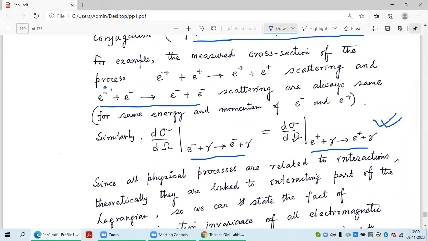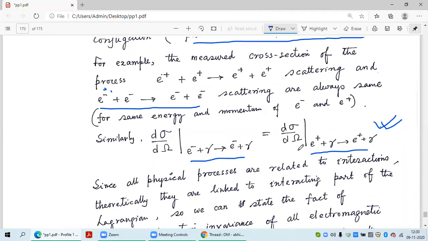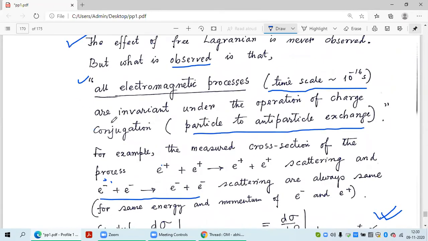This is true for all electromagnetic processes, which we can generalize by saying: all electromagnetic processes are invariant, meaning any measured quantity about an electromagnetic process will never change if you just flip the intrinsic charges of all the particles without changing any other thing, not position, energy, momentum, etc. Clear?